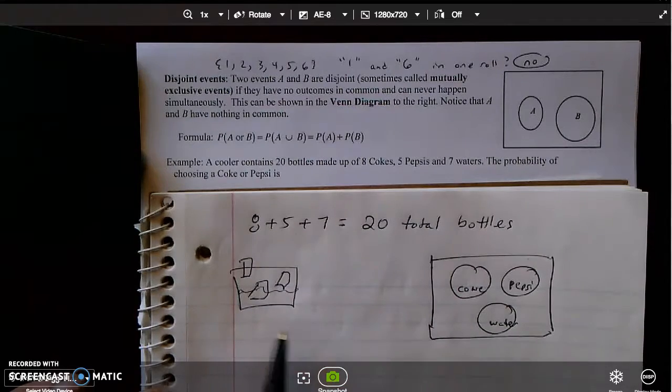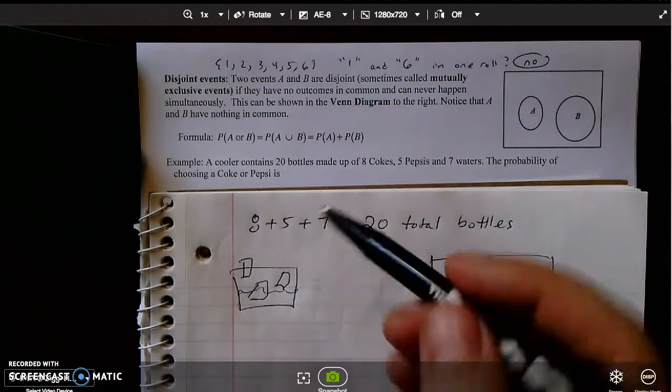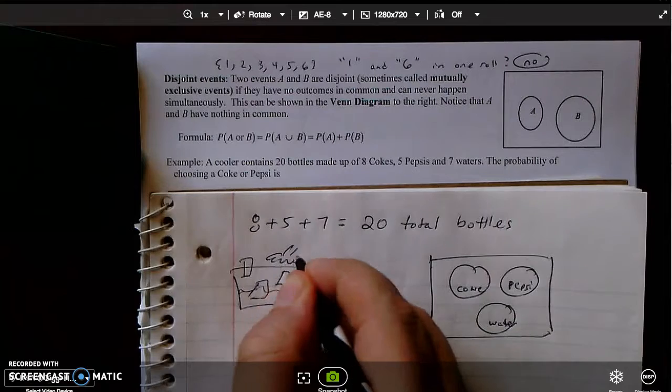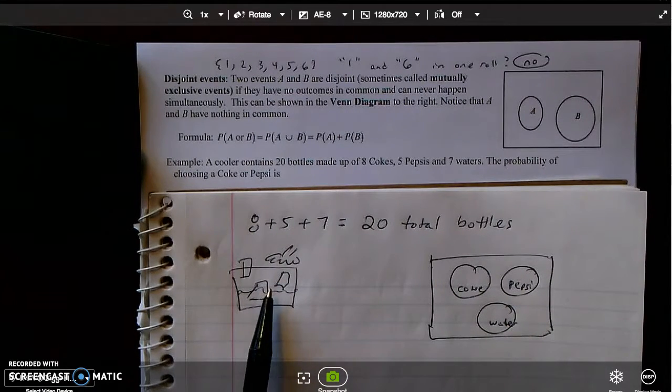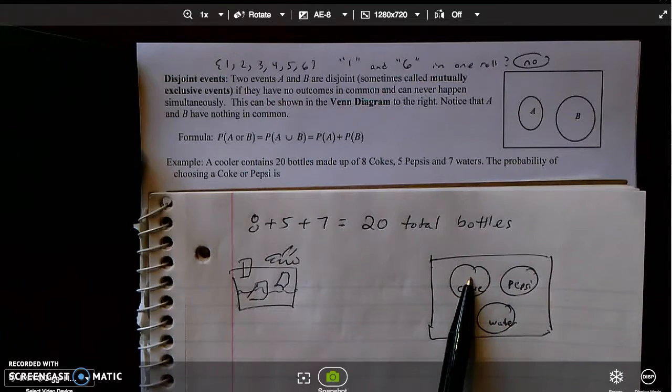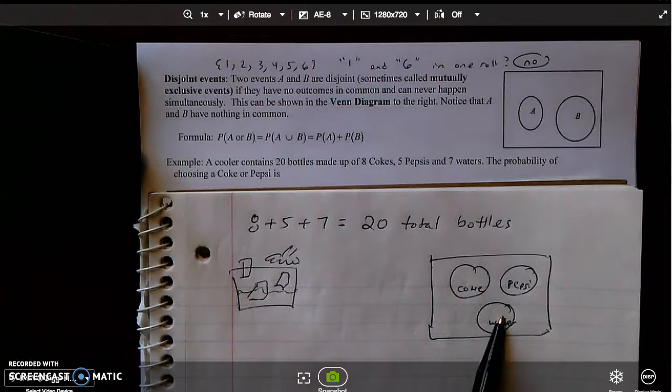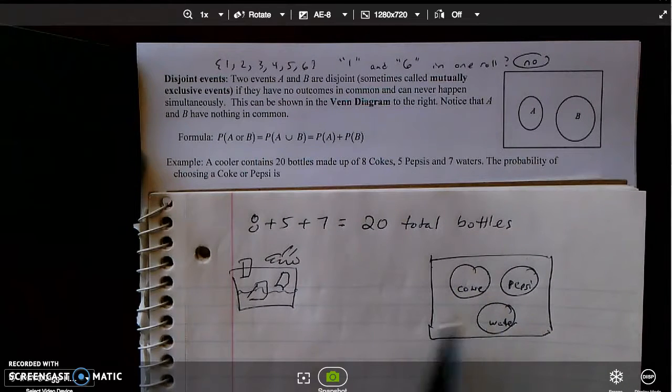Maybe there's some ice in there. I stick my hand in there and I'm only picking one in this selection. So it's pretty easy to see that I'm either going to get a Coke, a Pepsi, or a water. I can't get a Pepsi and the water at the same time, drawing one bottle out. That's what the mutually exclusive idea is. And in a Venn diagram, the picture shows no overlap.